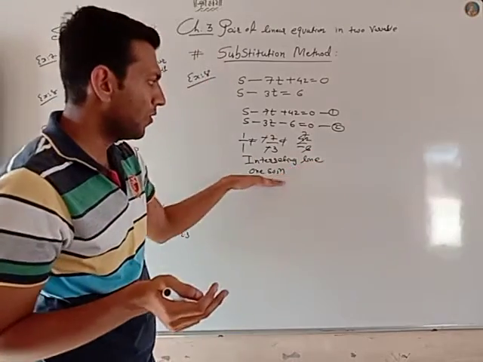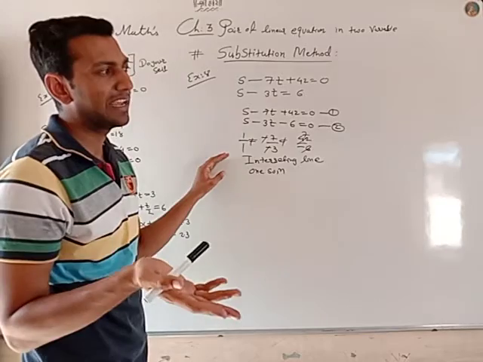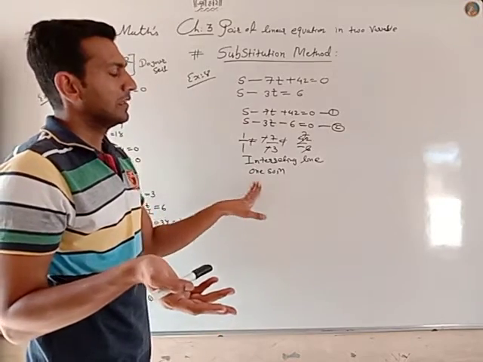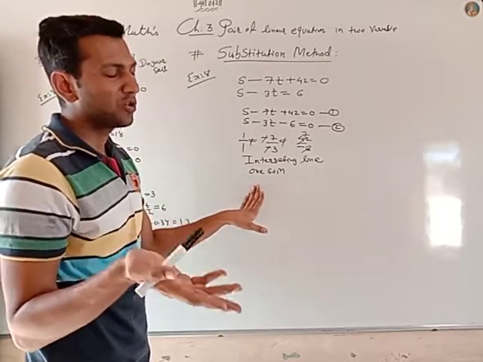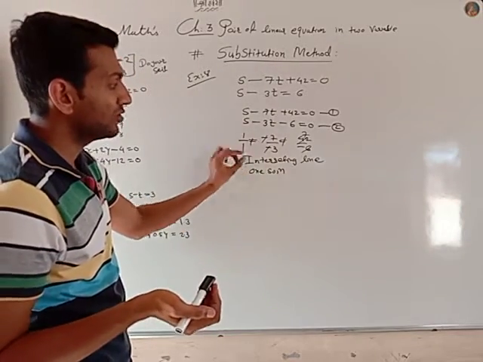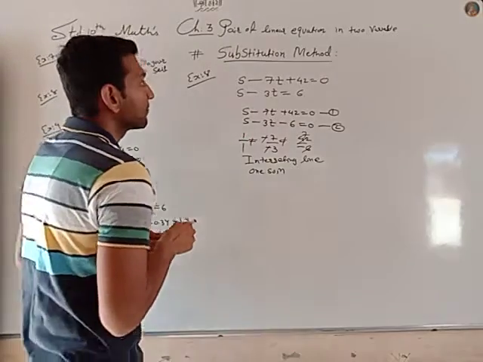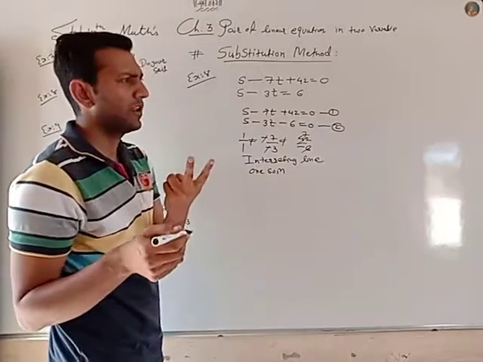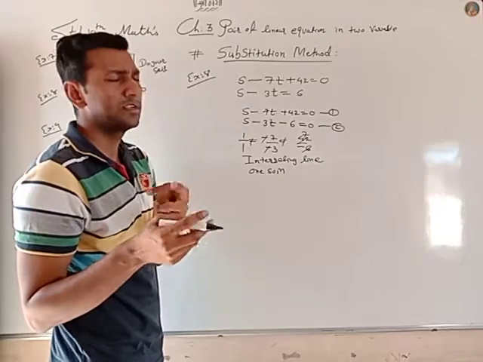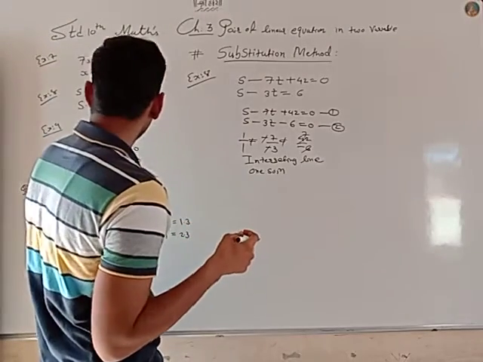So your sum is over here in case of infinite solutions, and in case of no solutions the sum is over here. If one solution is possible, then you can solve the equations by any method. We have already learned two methods, the graphical method and the second one is the substitution method.